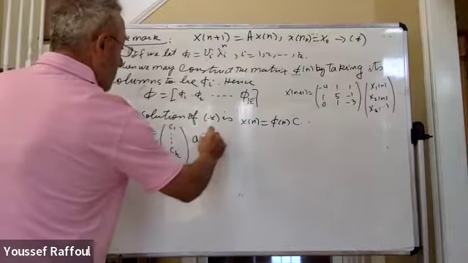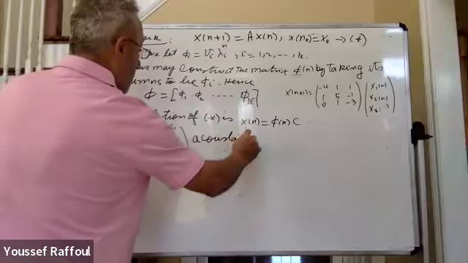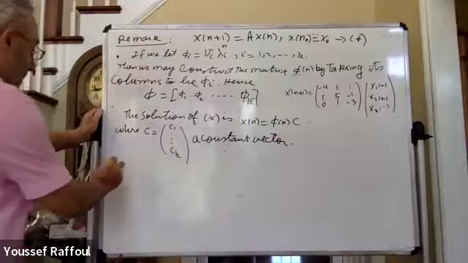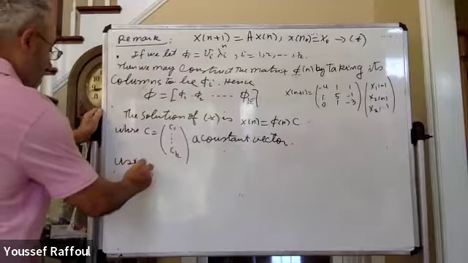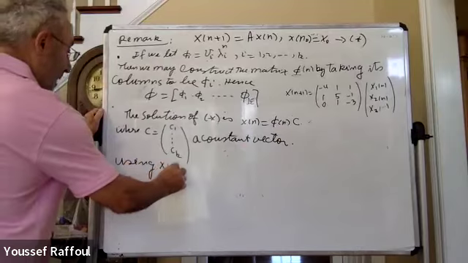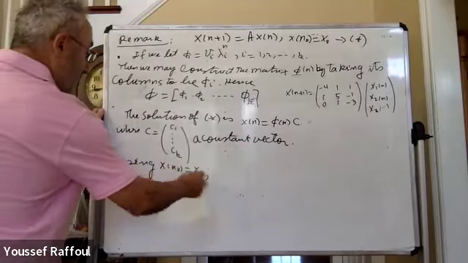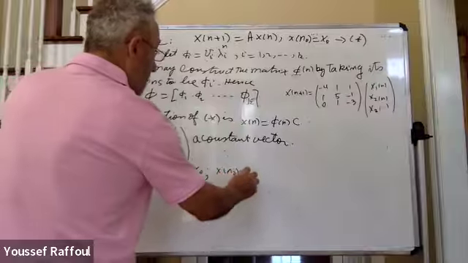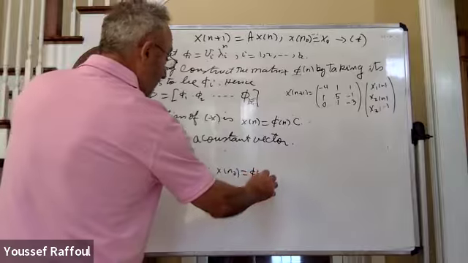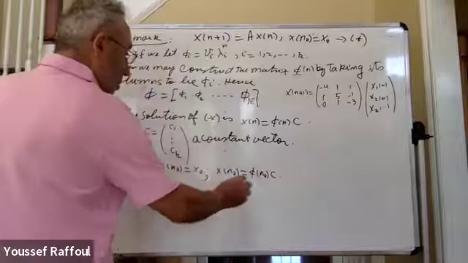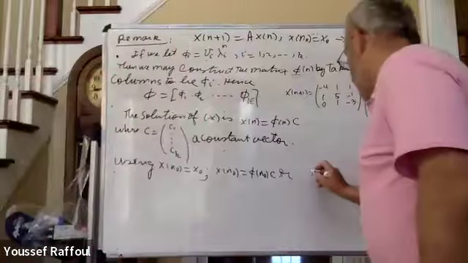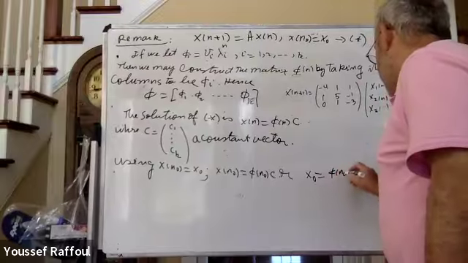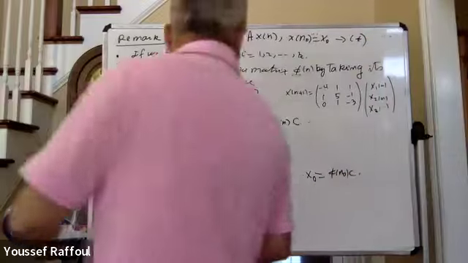Now, using x_{n0} equal x_0, we get x_{n0} equal phi_{n0} times c, or x_0 equal phi_{n0} times c.